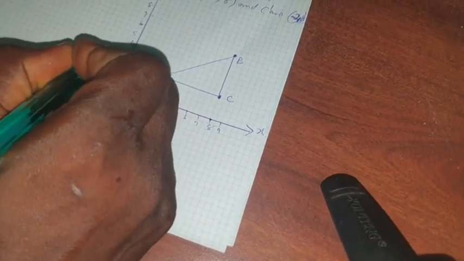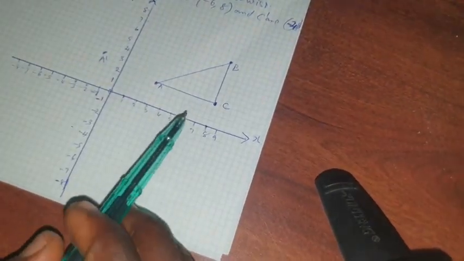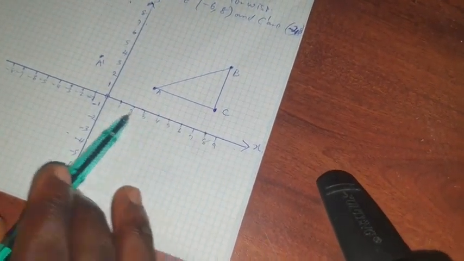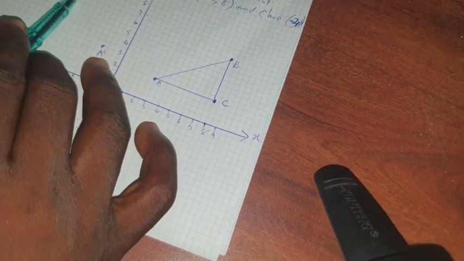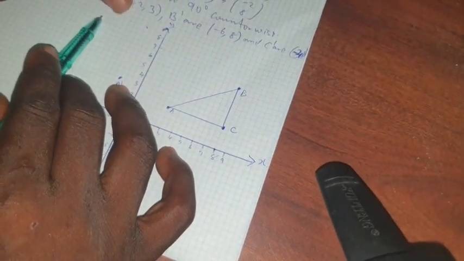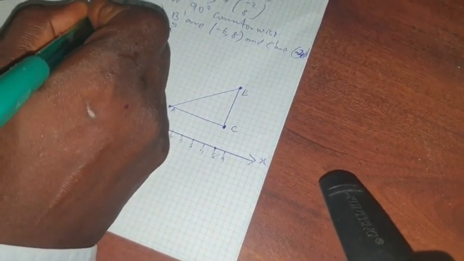This is A prime. Then minus 6, 8, this place is B prime.